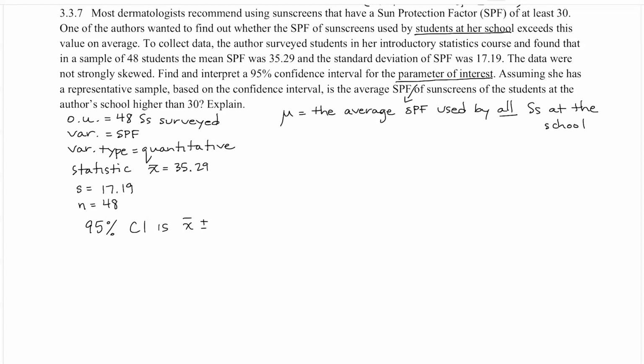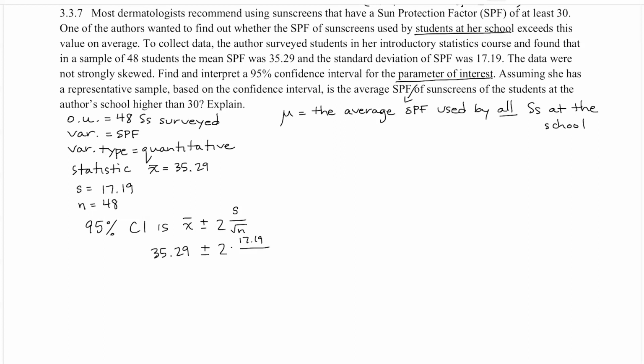All right, so to come up with the 95% confidence interval, for a quantitative variable, we're going to take our statistic, x-bar, plus or minus the multiplier 2 for 95% confidence, so we're using the 2SD method, times s, the sample standard deviation, over the square root of n, the sample size.